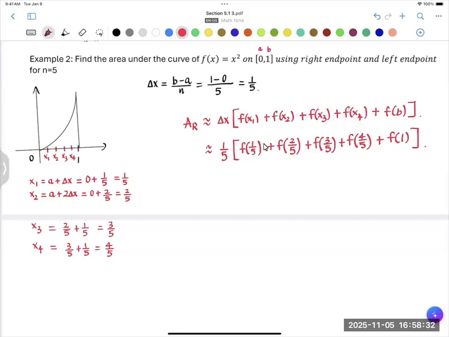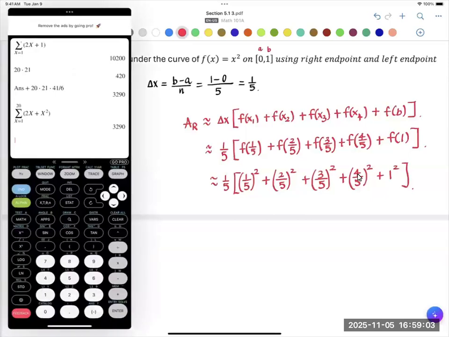Okay, so when you're putting all this in, you can substitute 1/5 for your x, and then 2/5 for your x. So we will have 1/5. And then now, when we write out all the steps, we will put it into the calculator to approximate the value.